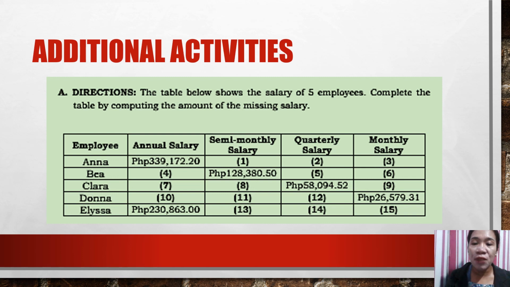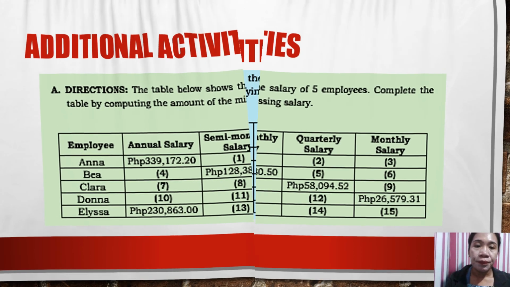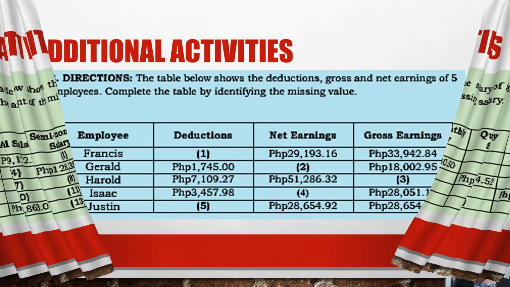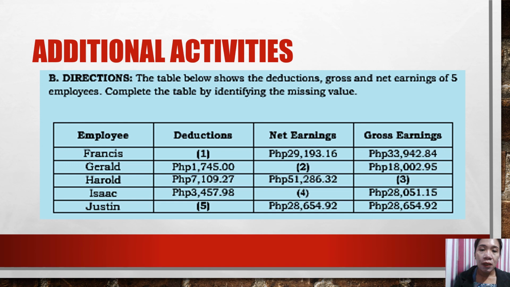Next, the last one, you are going to fill in the table also, the deductions, the gross and net earnings of five employees. Simply complete the table by identifying the missing value.